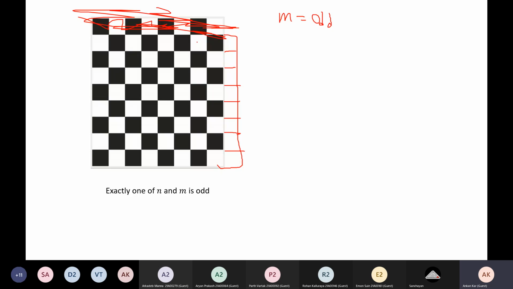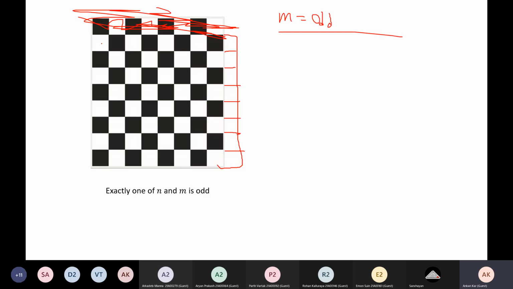Let me explain. Suppose m is odd. You can write it without loss of generality also. Then what can you do? What you need is something like this.